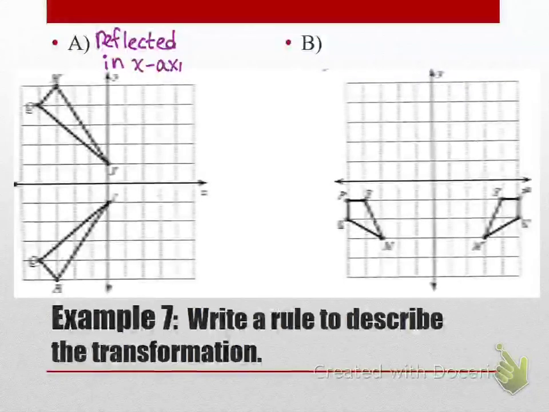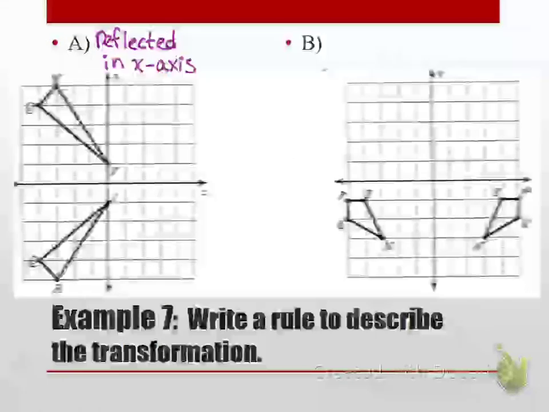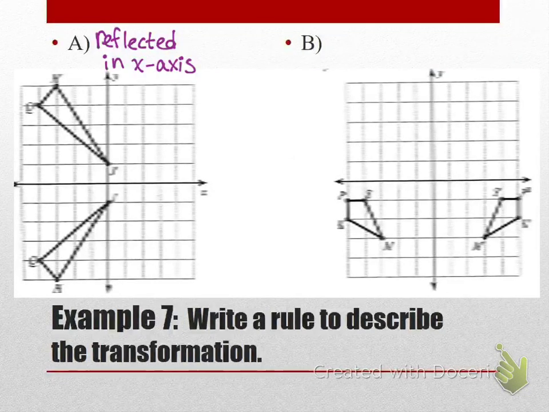But I want to real quick take a look at our points. So let's look at the coordinates, for example, of point J. Where is point J? If I wanted an x comma y ordered pair for point J. 0, negative 1. What about J prime? 0, 1.